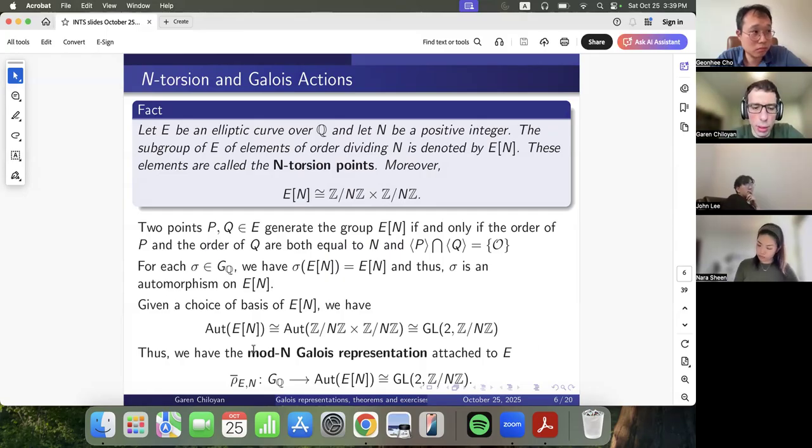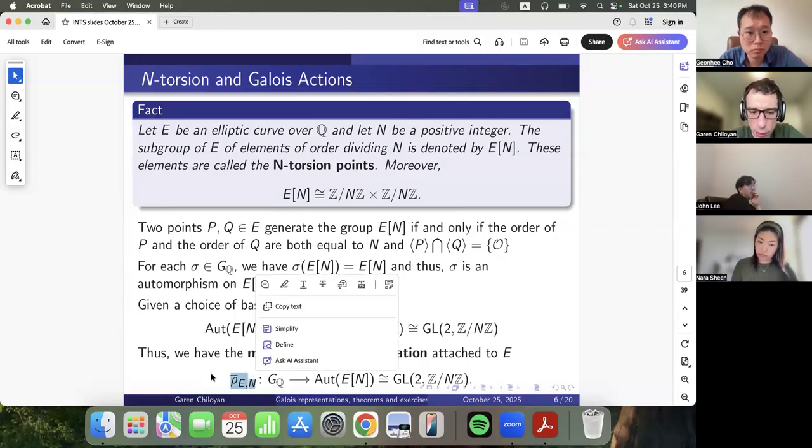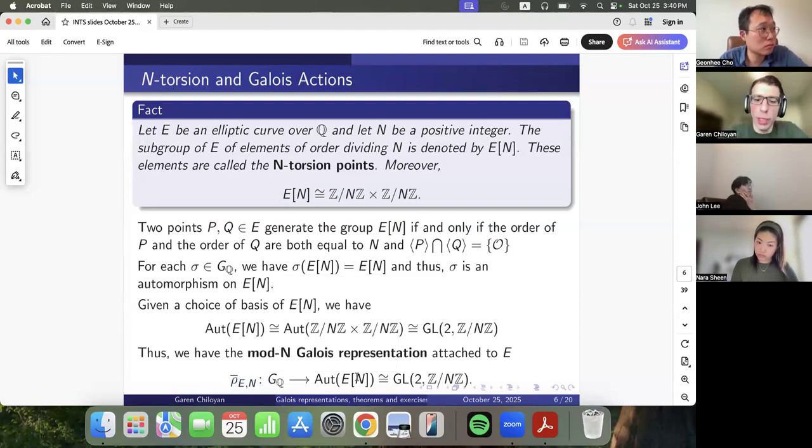And so if we take all the Galois automorphisms on E bracket N, we can make a mod N Galois representation. You have this map here. You take any Galois automorphism on Q bar, and you treat it as the same exact thing, but now as a Galois automorphism on E bracket N. Or what about a better way of thinking about it? It's just a matrix.